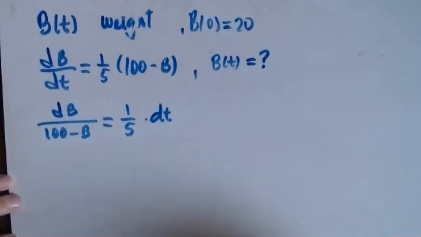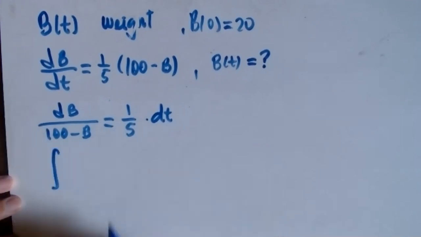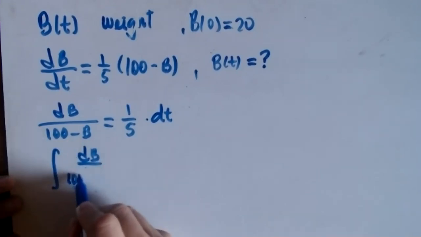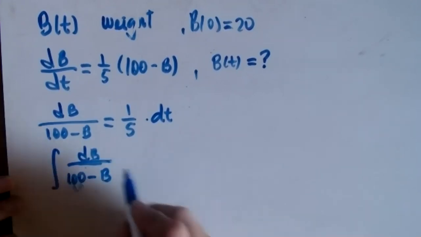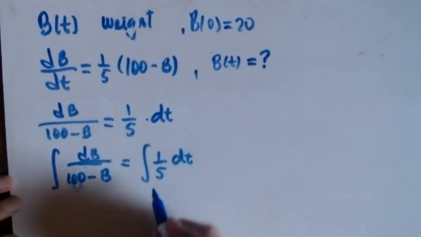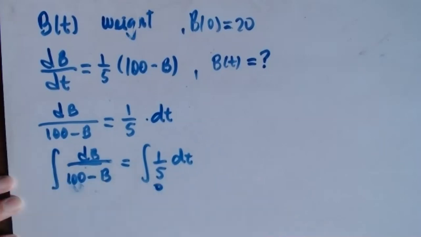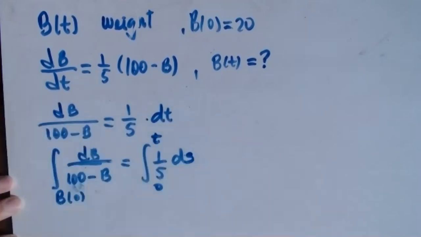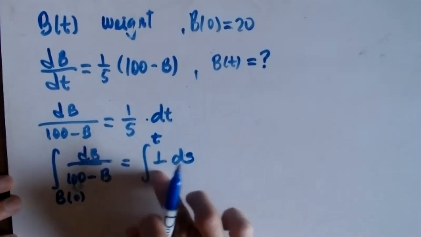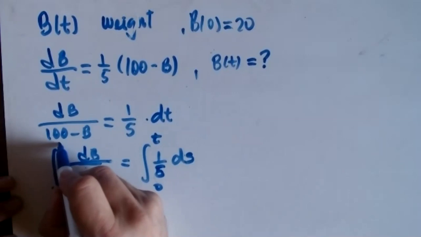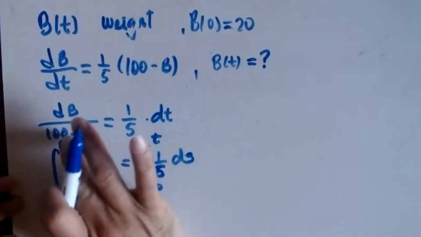What is the next step? The next step is integrate. The integral of db over 100 minus b, correct, equals the integral of 1/5 dt. Now, this is going to be from 0, and this is going to be b of 0. And let me just change the variable to s, and then you put here a t. And this one is b of t, correct?